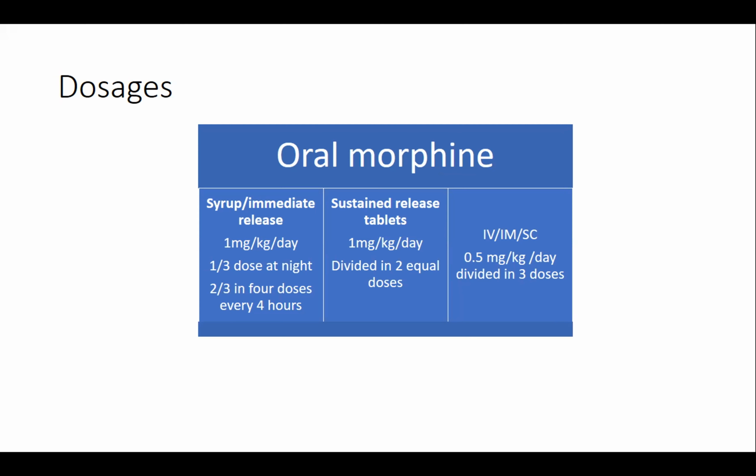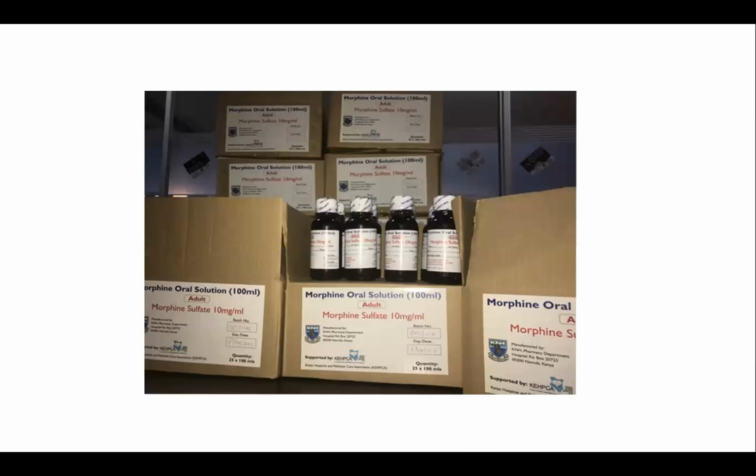So maybe one dose at 8 a.m., the next dose is at 8 p.m. Then we also have the IV and the IM formulations. That's an image of the morphine available to us, which is for Kenya currently being reconstituted at the Kenyatta National Hospital. And that is what most of our facilities are using if you get your supplies through the Kenya Medical Supplies Authority, that is KEMSA.